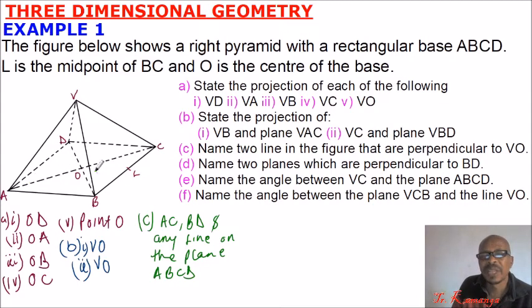So any line on the plane ABCD is perpendicular to VO. So that's how you answer part C of that.